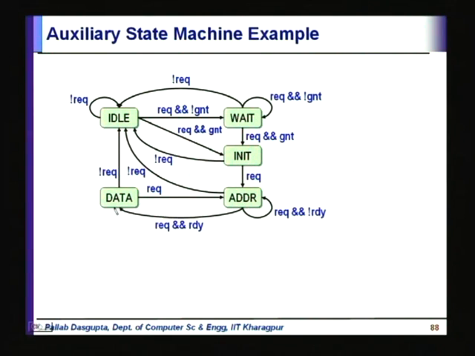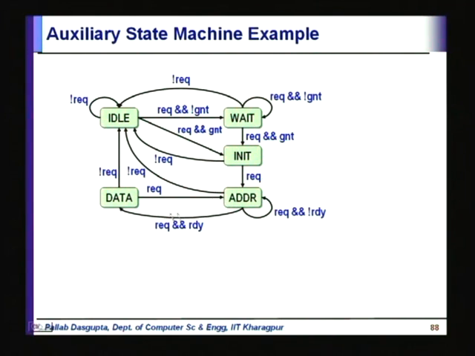When it has ready, it goes into the data cycle, and in the data cycle again, if the request is kept high, that means another item will be read or written. So if request is high, then again it is going to go here, and then again it will float another address. So this is floating address here, then reading the data, then floating address, reading the data.